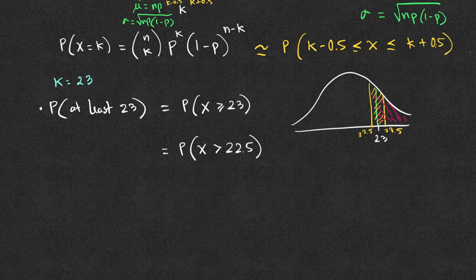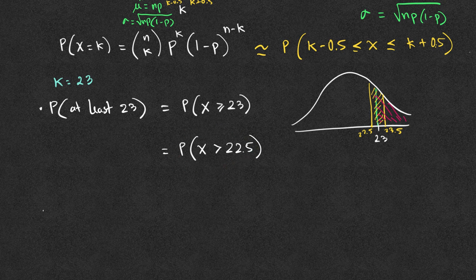The reason we use 22.5 is that we want to make sure that 23 is in the shaded region, not at the border of the shaded region. And then we proceed to use a calculator or technology.